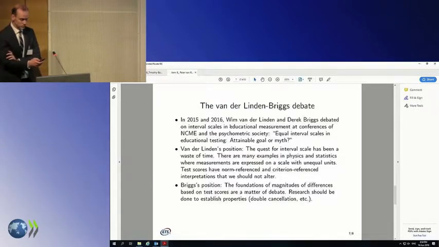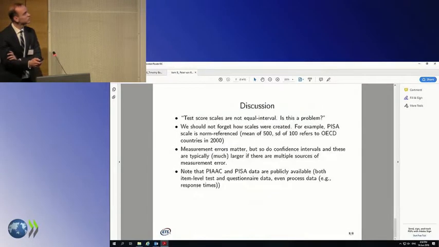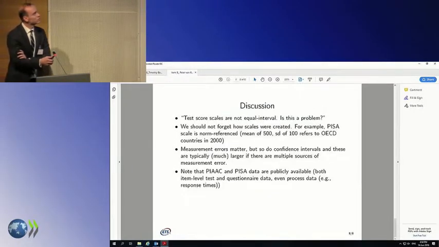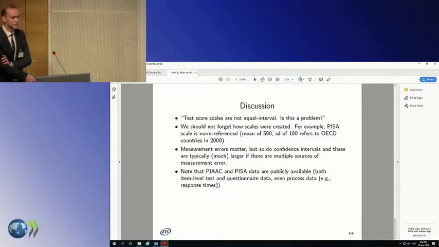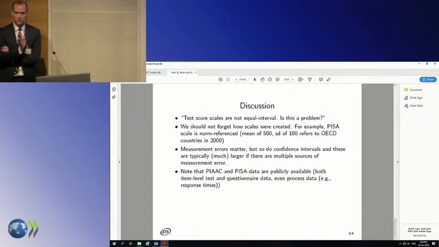Then some other final notes. Test score scales are not equal interval. Is this a problem? I would also lean towards Andrew's and Matthias's side. And we should not forget how scales were created. Step one in creating a test is to specify the purpose of the test.